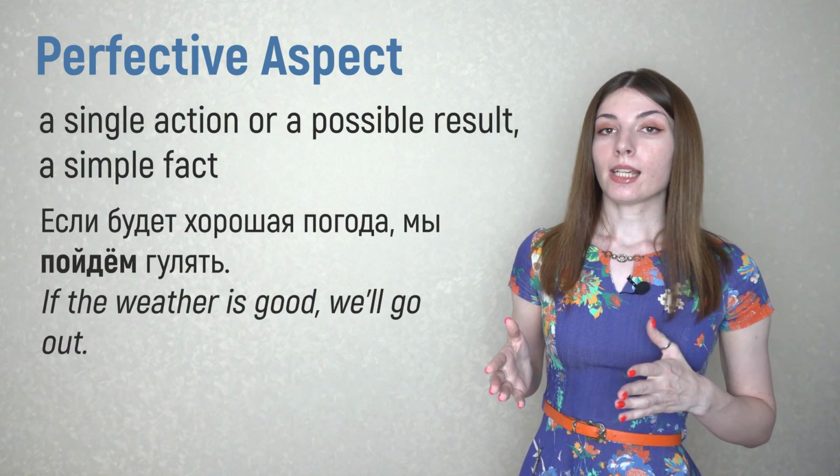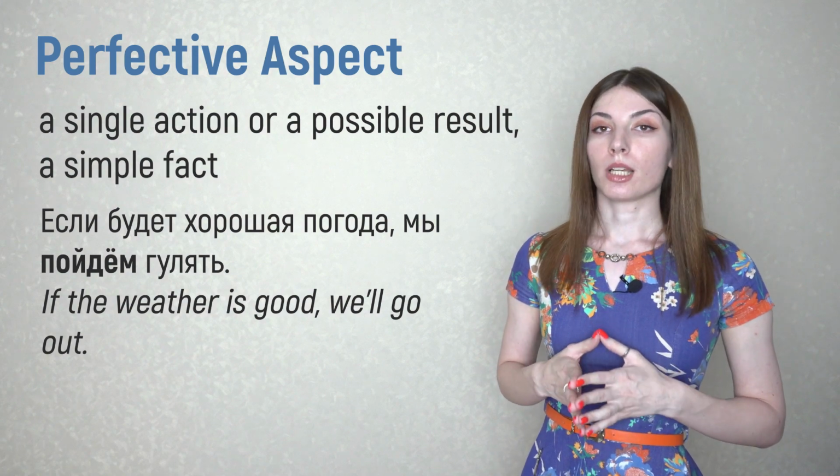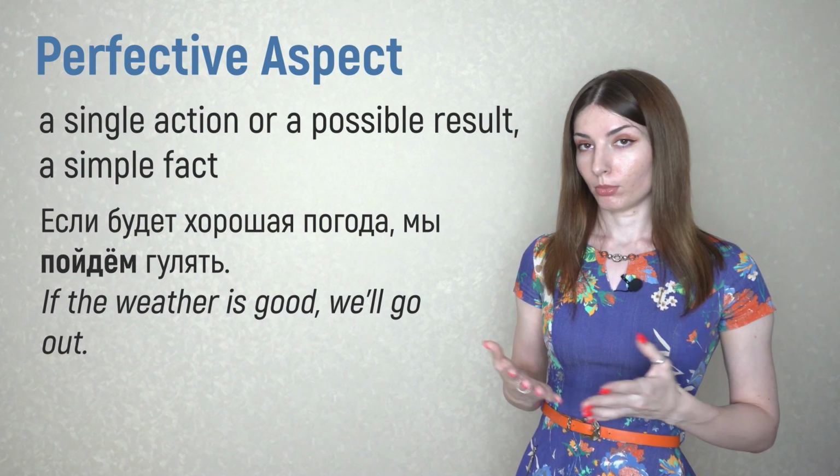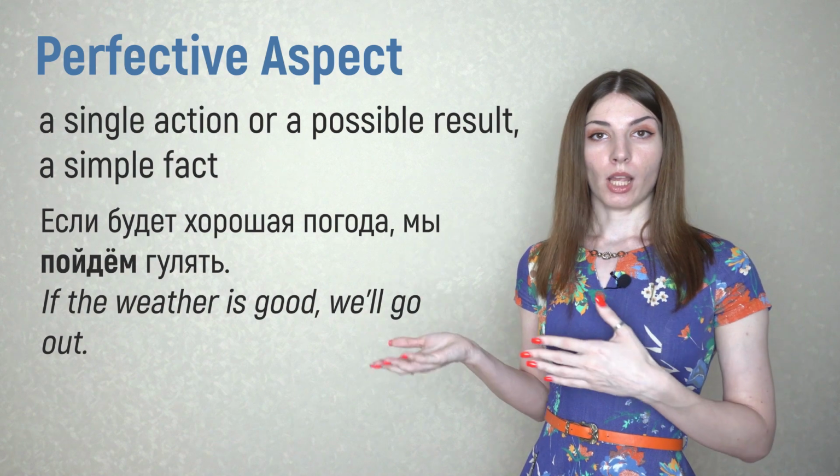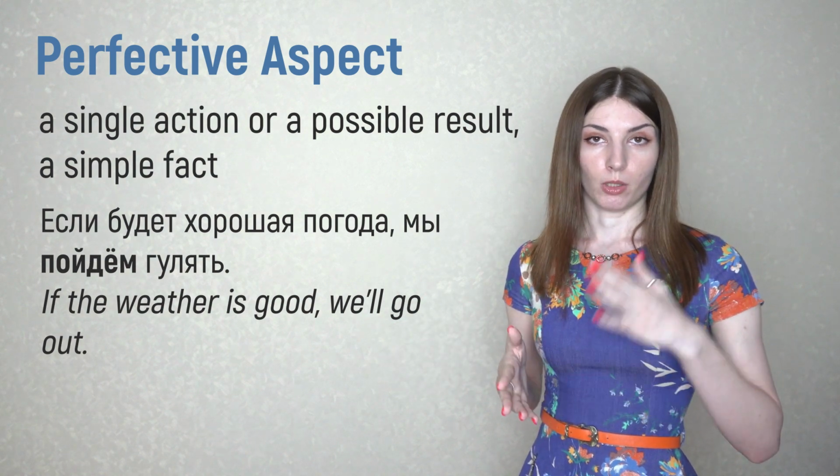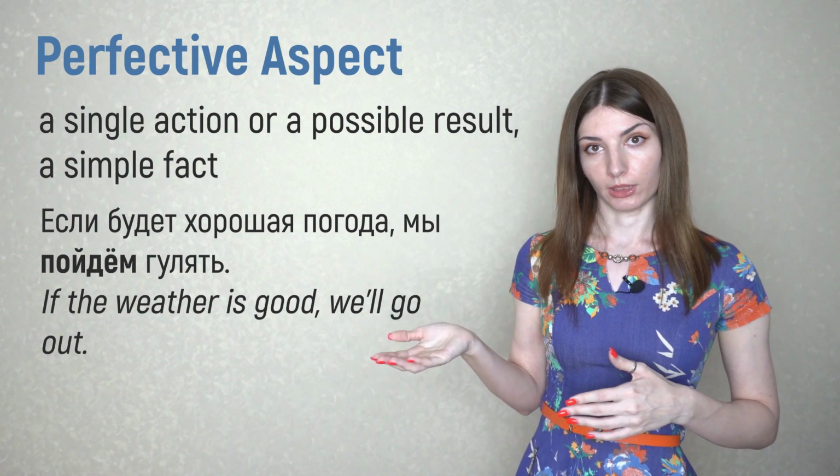Then, если будет хорошая погода, мы пойдем гулять. Same logic. Мы пойдем гулять, just a fact. If the weather is good, then we'll go outside. That's it. You see, the rules are not complicated, just with the perfective, you need to be careful.